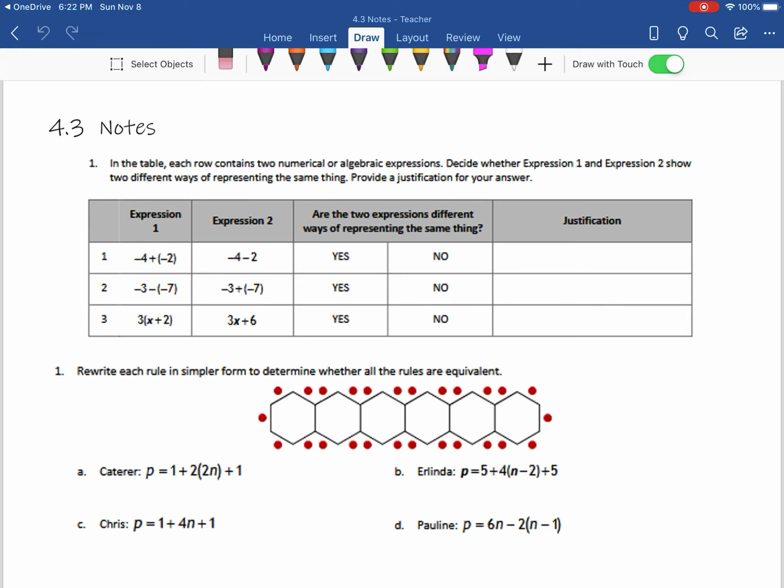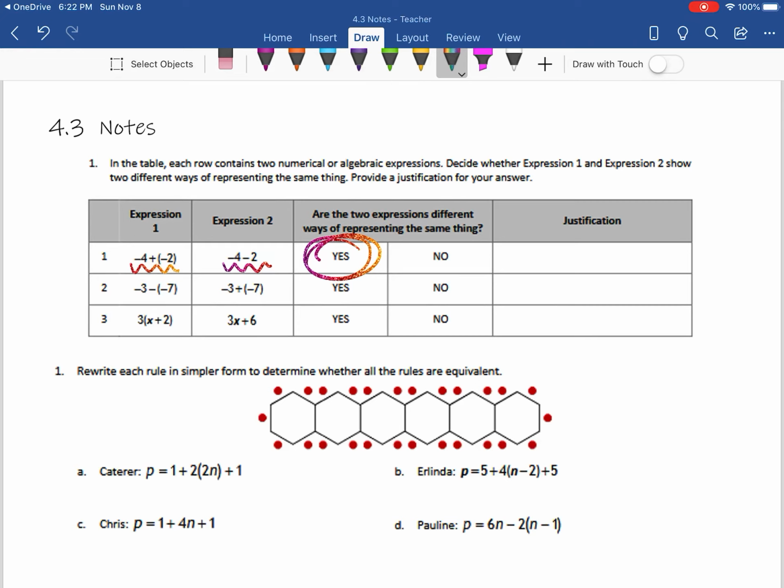So if we look at expression 1 and 2 in question 1, we have 4 plus negative 2, and we have negative 4 minus 2. When we think about whether or not those two are equivalent, we could calculate, but really we could just use the definition of subtraction.